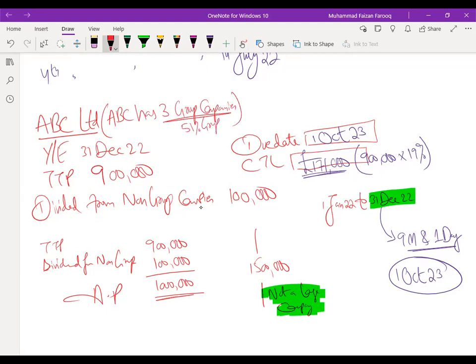ABC owns more than 51% shares in three companies. So, will this information affect my answer or no?